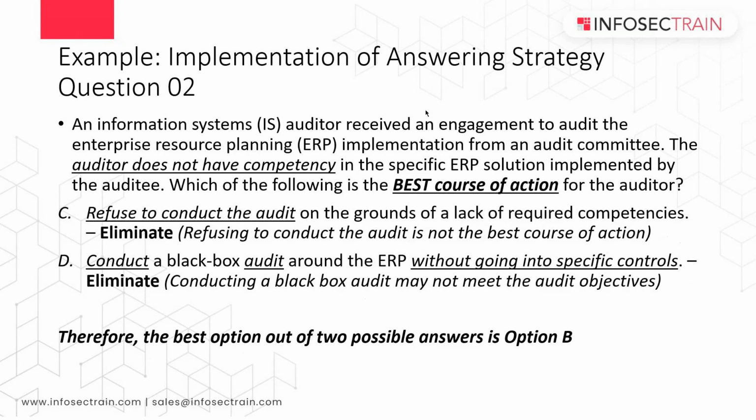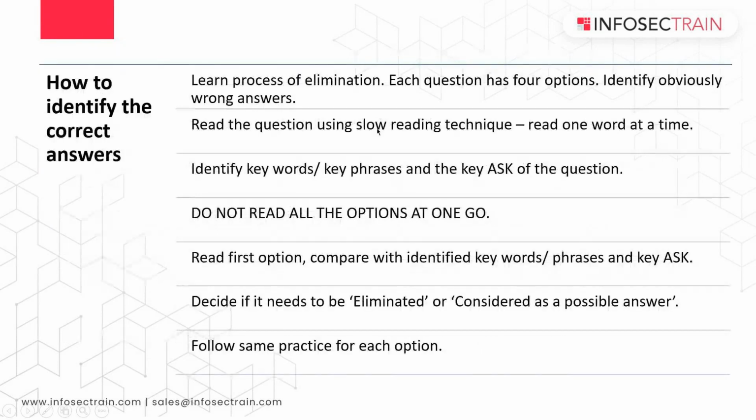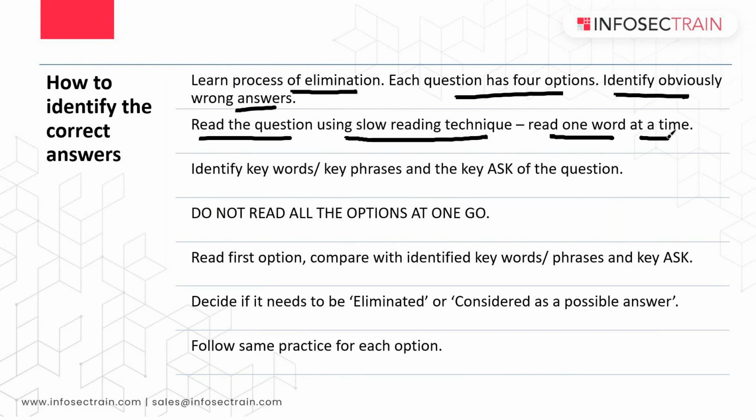So to reiterate what I said, how to identify the correct answers, please learn the process of elimination. Each question will have four options. Identify obviously wrong answers, eliminate them. Learn to read the question using the slow reading technique. That means read one word at a time. Identify the keywords, key phrases, and do identify the key ask of the question.